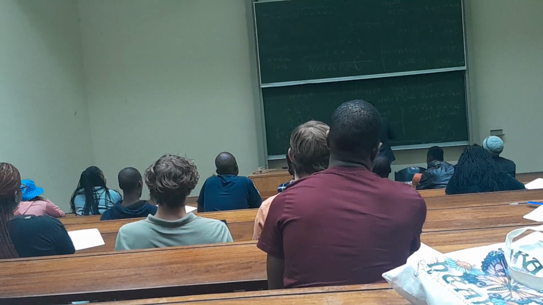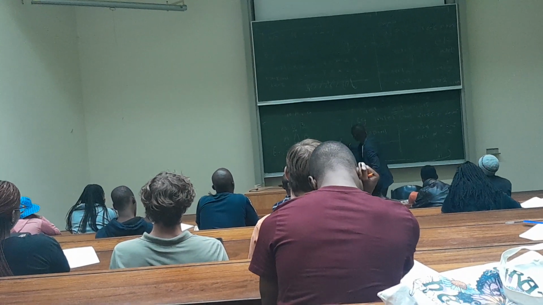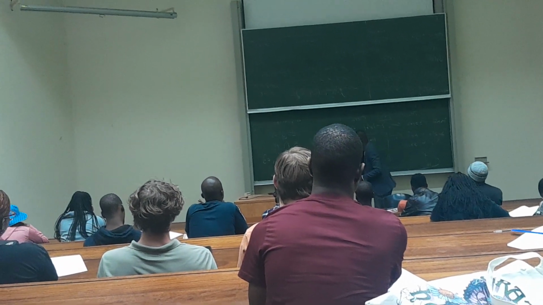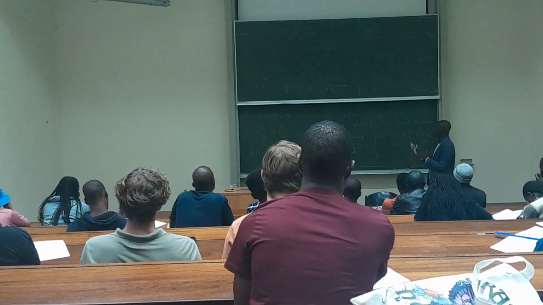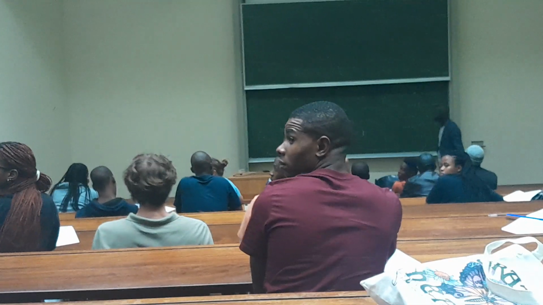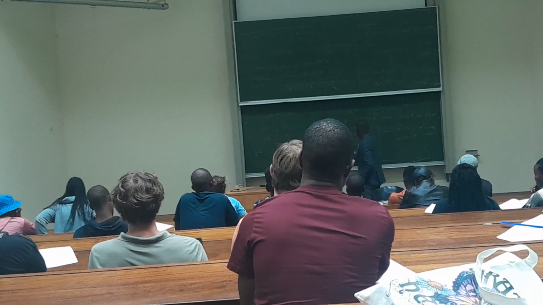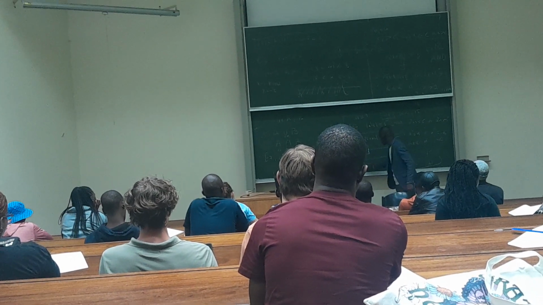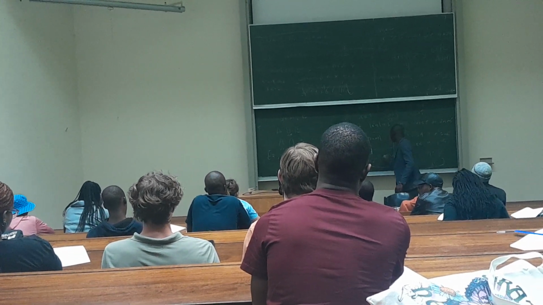The first interval A is minus 7 to 2, so this is A. The second one is 1 to 5, the second interval.